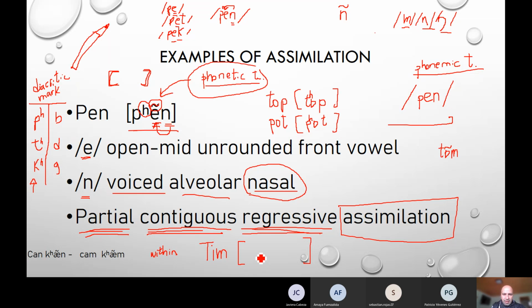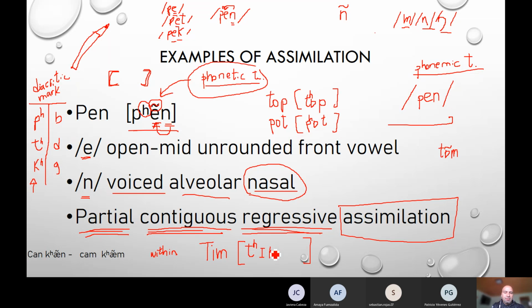Then that's the first sound, T. It's a plosive, it's voiceless, it's in initial position. So we have to use this diacritic mark, showing that this plosive and voiceless T is aspirated, right? Aspirated T.